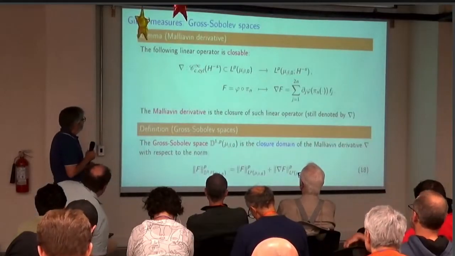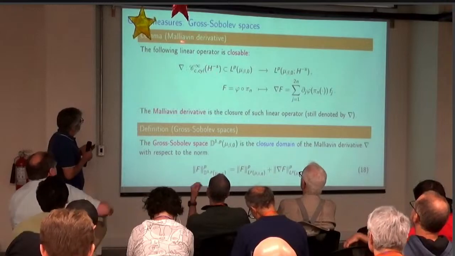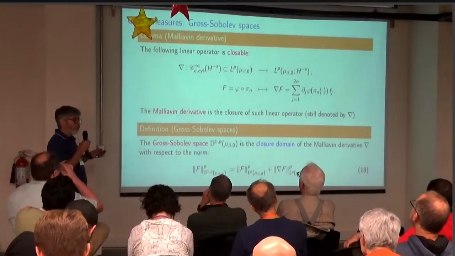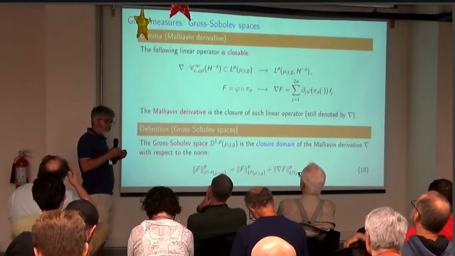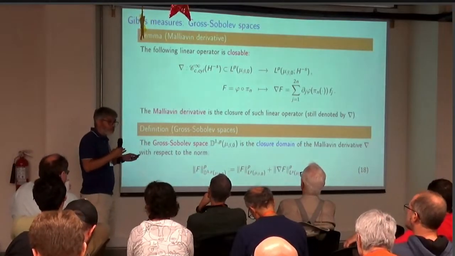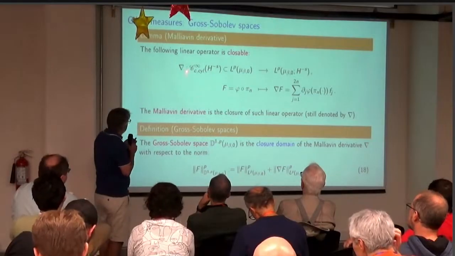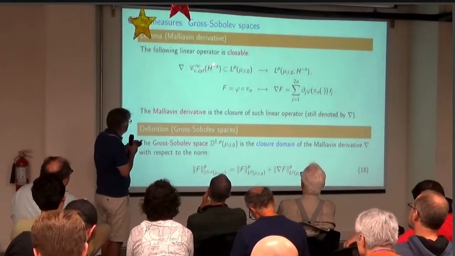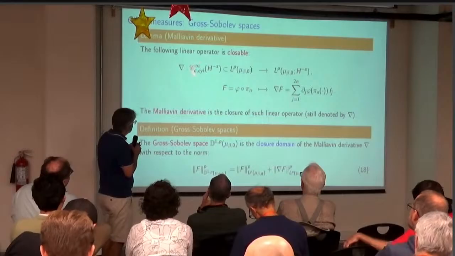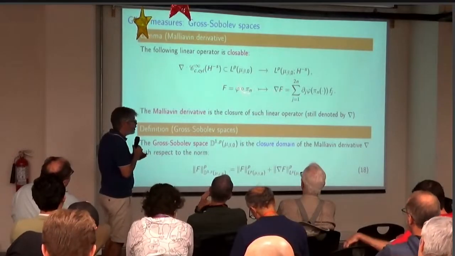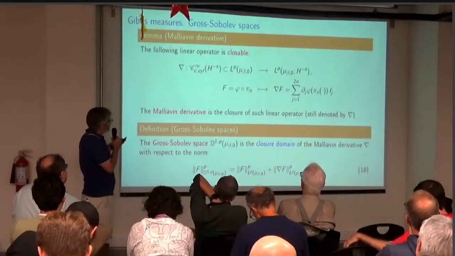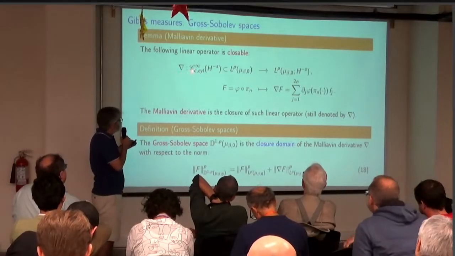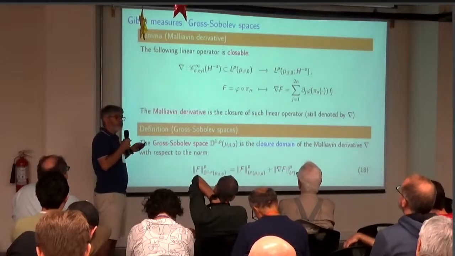Now, what is the Malliavin derivative, or the gradient of nonlinear functionals? It is defined by functional analysis. You just define the gradient operator on the smooth cylindrical functions. This makes sense, and it is a linear operator. It's easy to see. And then you just study whether these operators are closable or not.